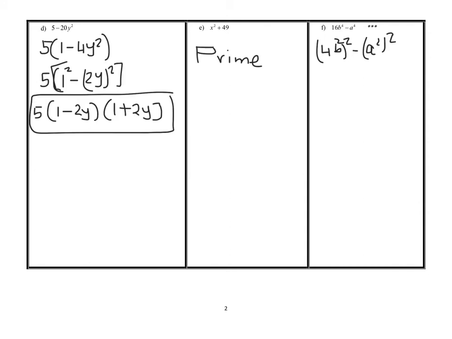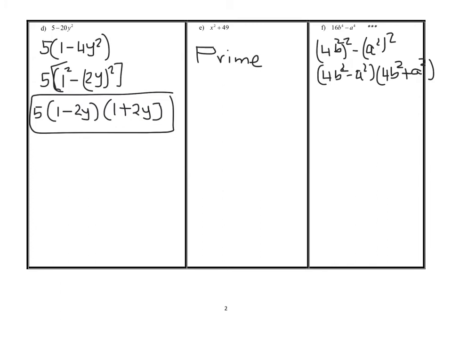So now having that, I see difference of two squares. So this is 4b squared minus a squared. And the other factor is going to be 4b squared plus a squared.